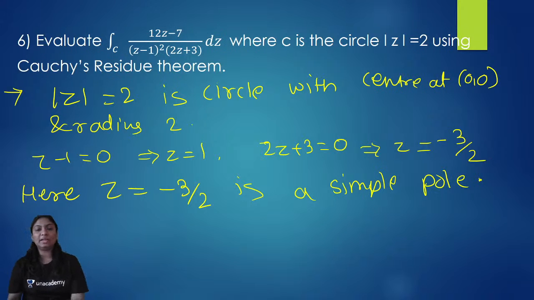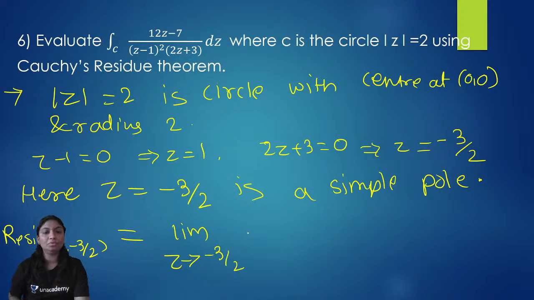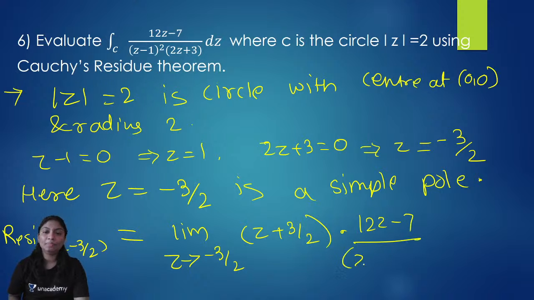Okay, z is equal to minus 3 by 2 is a simple pole. Therefore, the residue at z is equal to minus 3 by 2 is the limit as z tends to minus 3 by 2 of (z minus (minus 3 by 2)) into f of z, that is 2z plus 3, times 12z minus 7 upon (z minus 1) whole square into 2z plus 3.